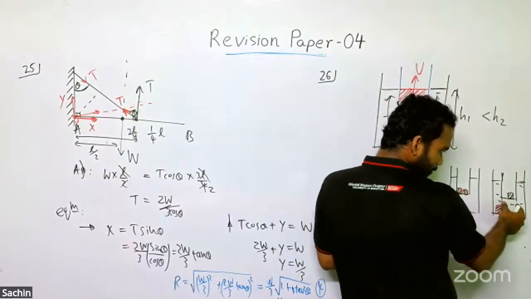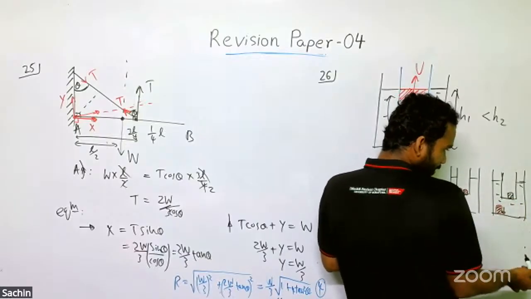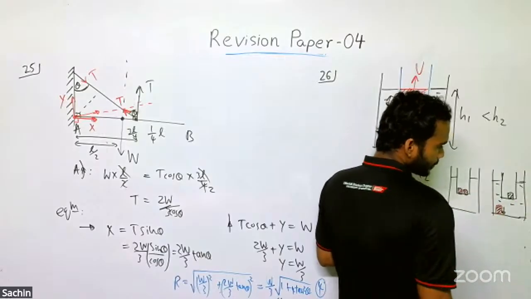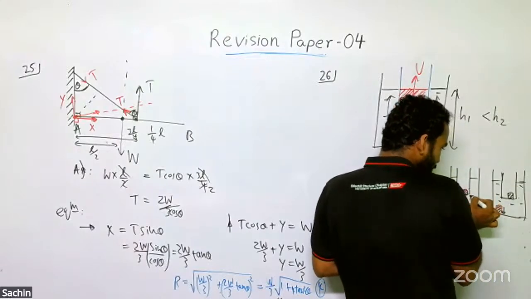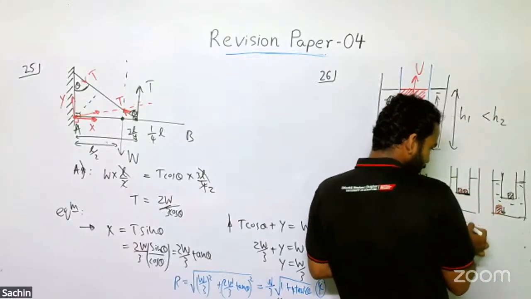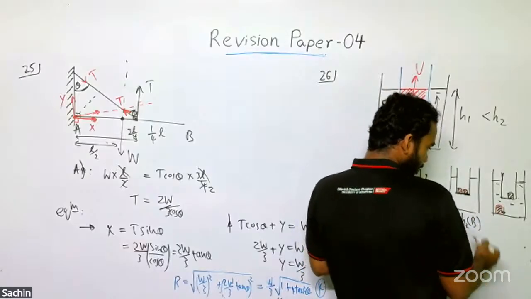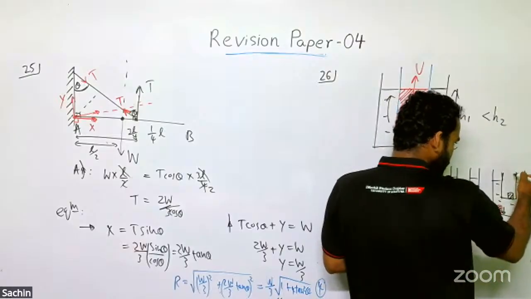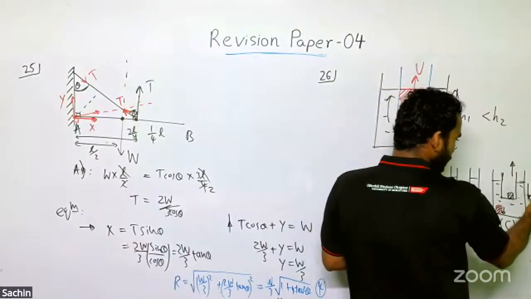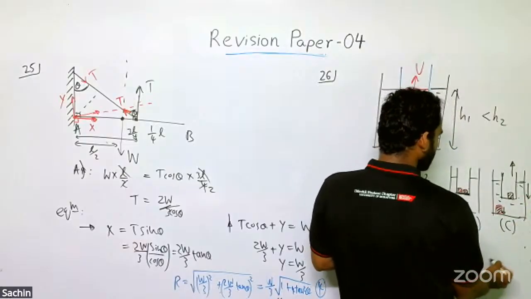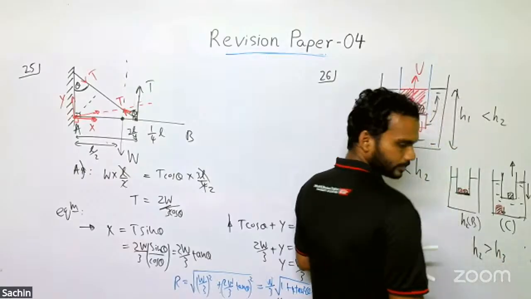So if the displaced liquid is less, compared to B in C, this vessel should move up. If the vessel moves up, then the liquid level should go down. So comparatively, H3 should be less than H2.